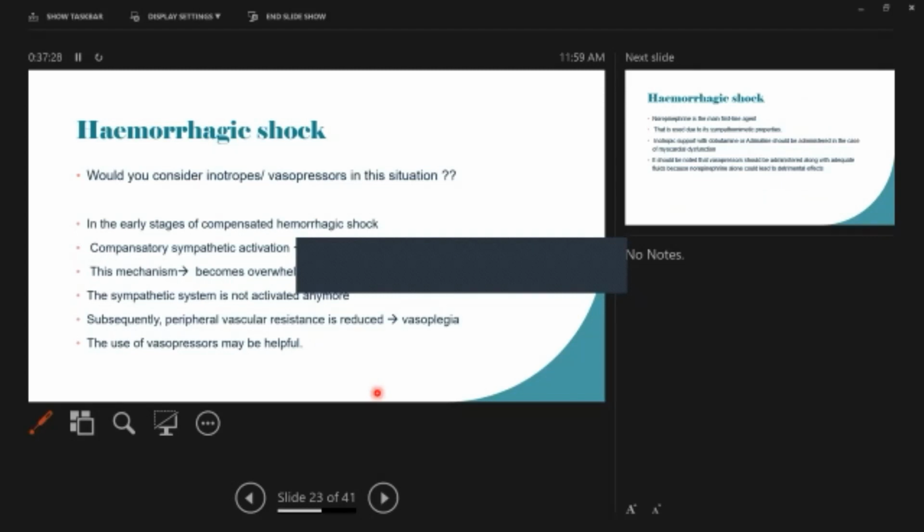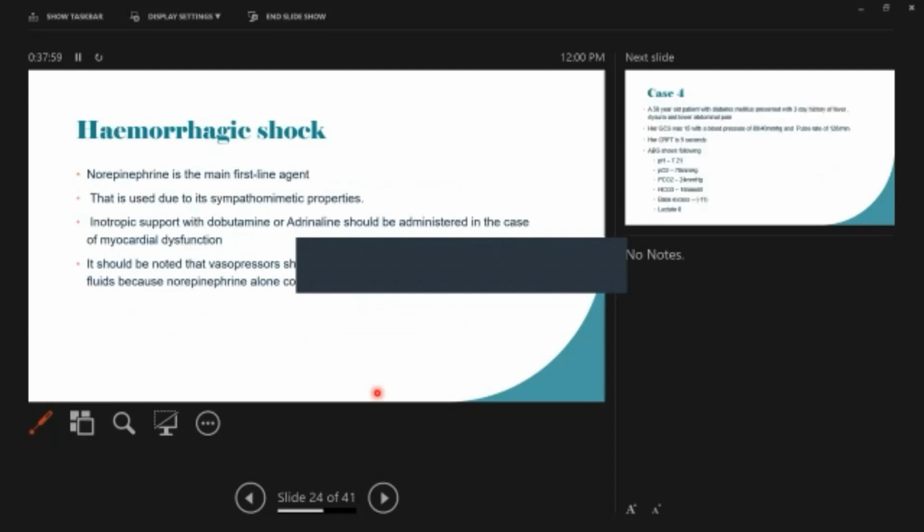Vasopressor would be your first choice, because this patient is unlikely to have any cardiac issues, being a 43-year-old. But if after some time you suspect any cardiac issues, then you can start an inotrope as well. It is just to support the circulation, but your definitive management will be to give blood, resuscitate and stop the bleeding.